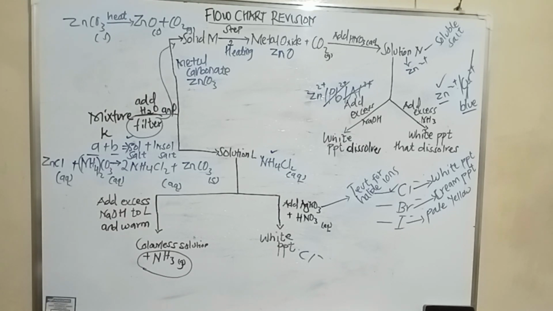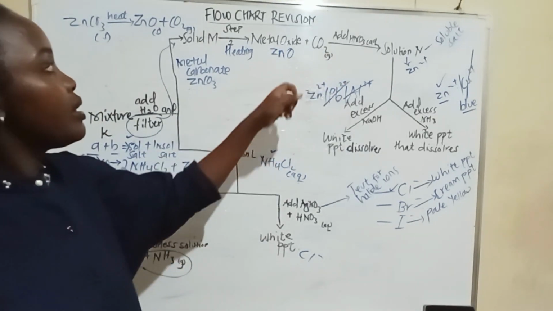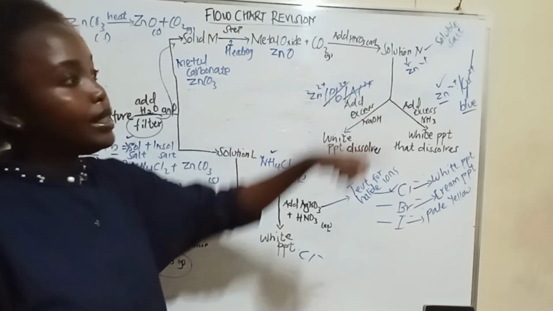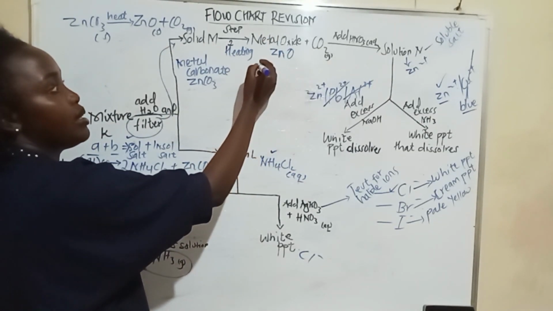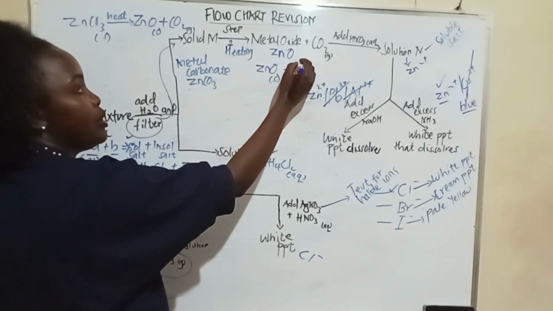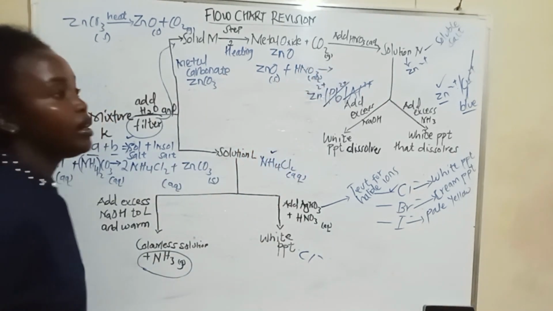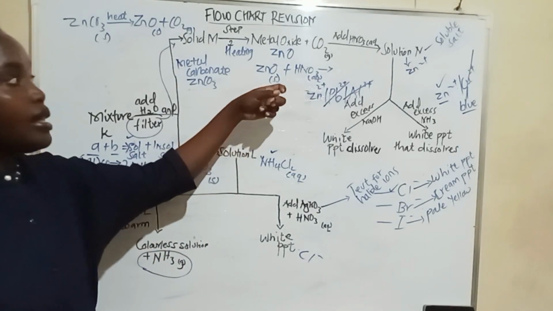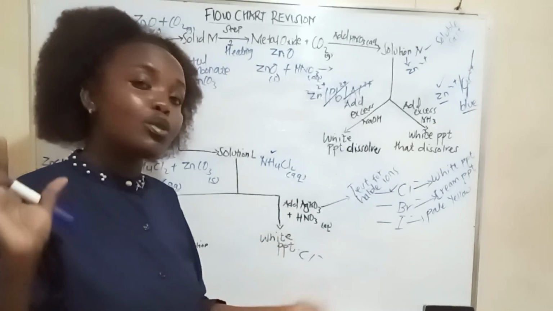Do you have another place where we are going to write a reaction? Yes, we can also write an equation here: the reaction between your zinc oxide and your nitric acid. The zinc oxide is a solid, plus your nitric acid. This is an insoluble base and an acid, so it is a neutralization reaction, and you form salt and water.